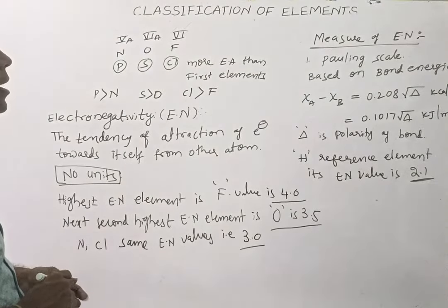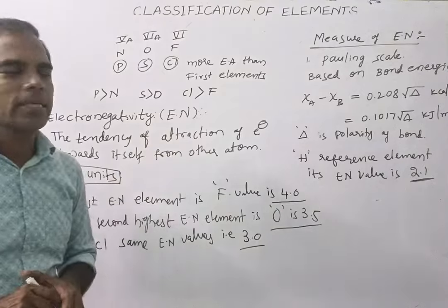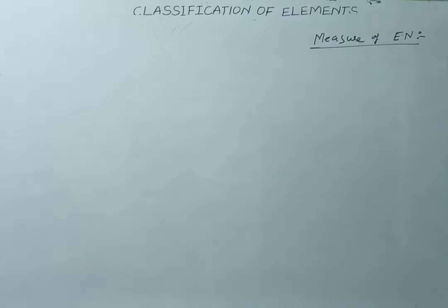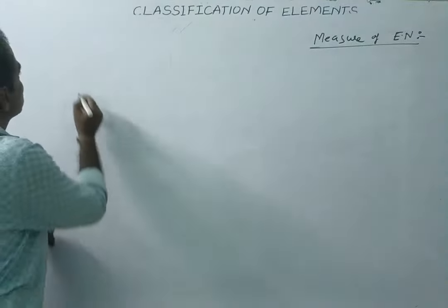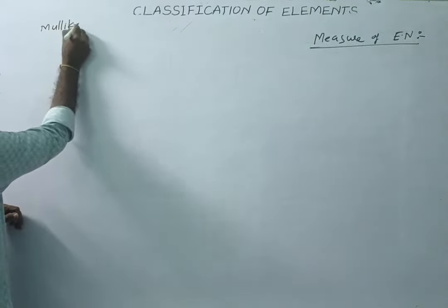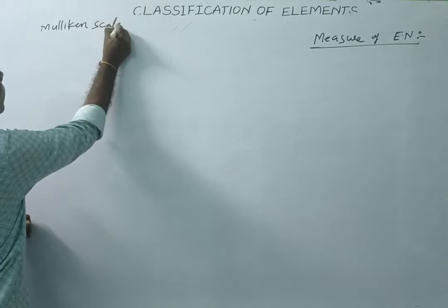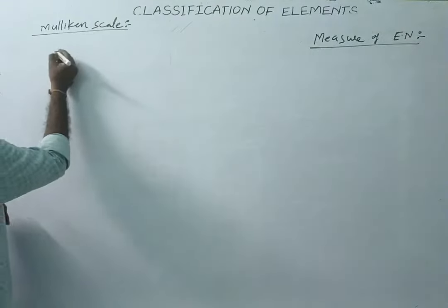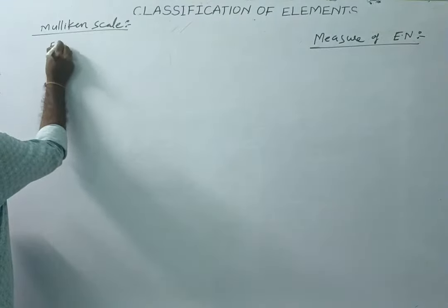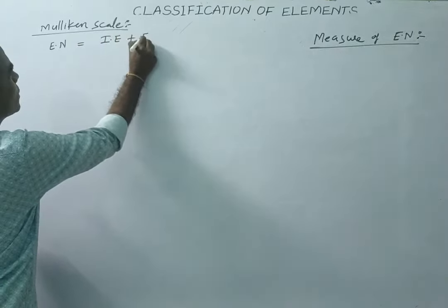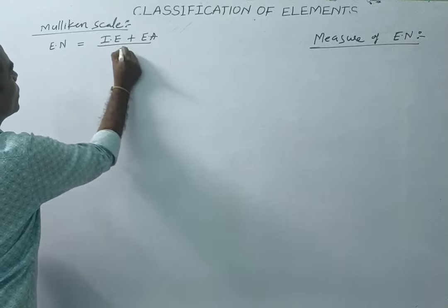Next one is the Millikan scale. According to the Millikan scale, the En value can be found from the average of ionization energy plus electron affinity, divided by 2.